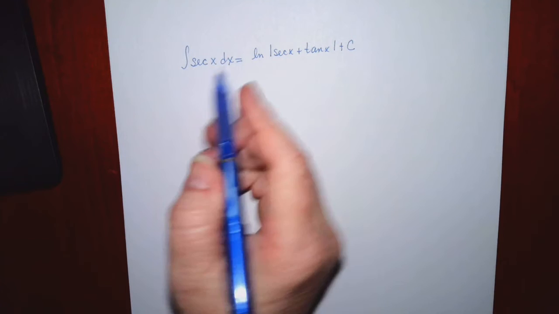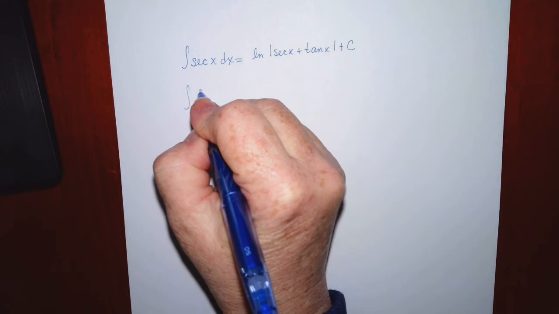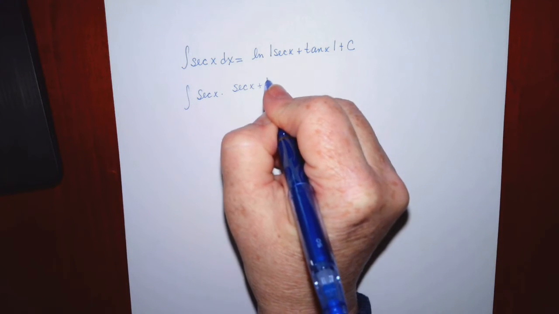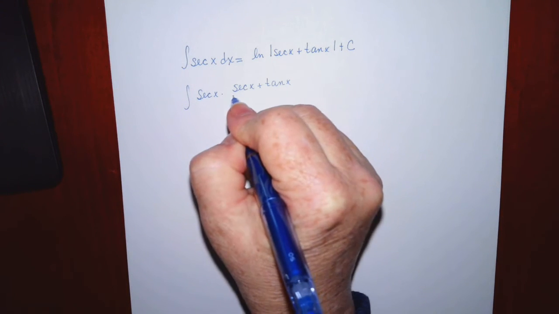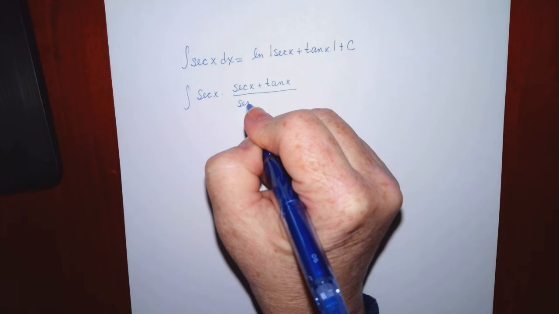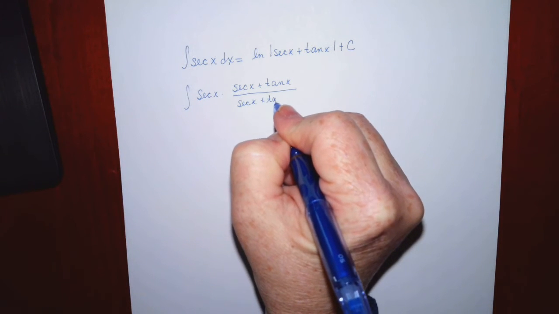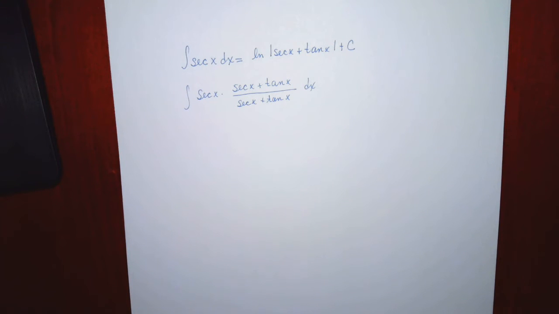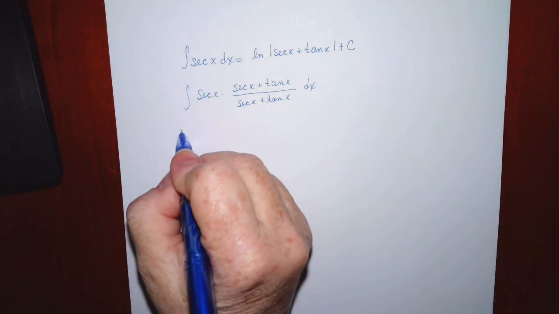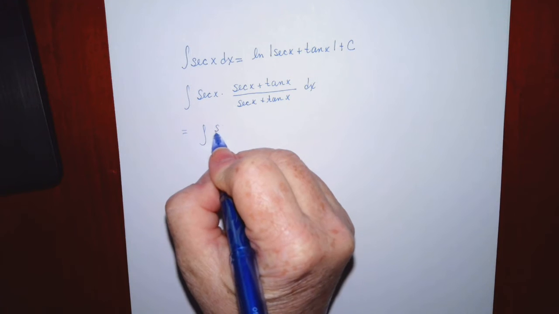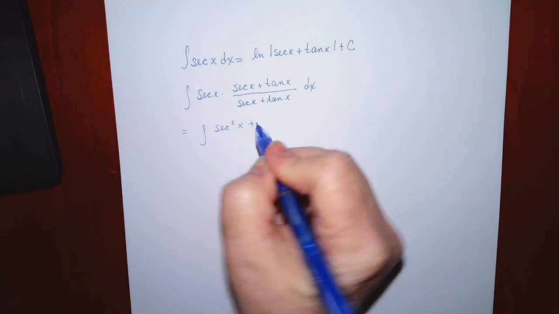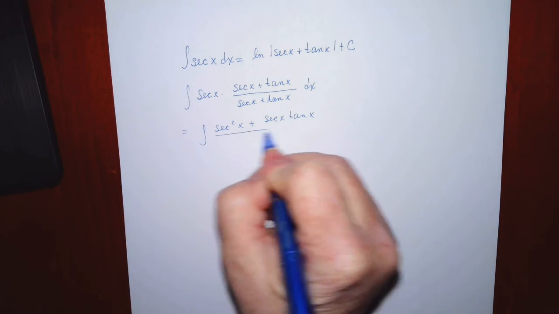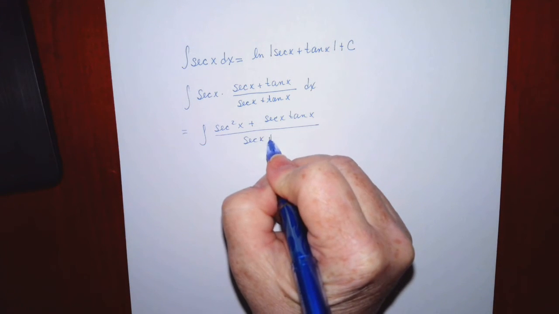To find out that integral, what we would actually do is multiply creatively by 1 inside the integral, because that would be the same thing as the integral of secant squared x plus secant x tangent x over secant x plus tangent x.